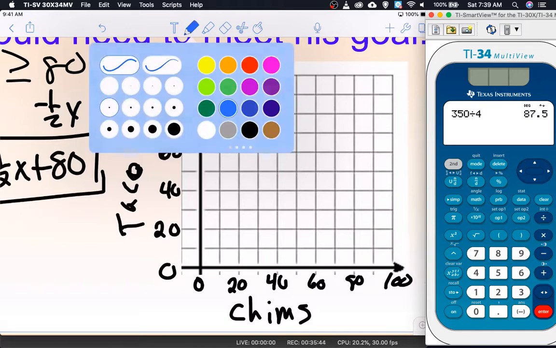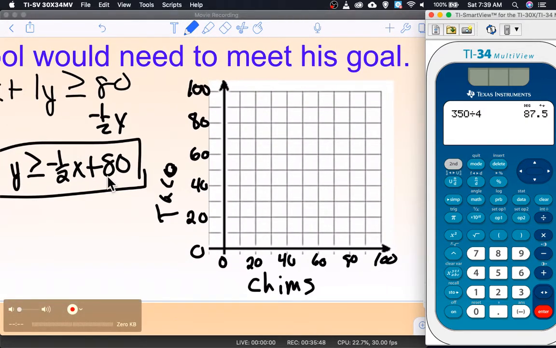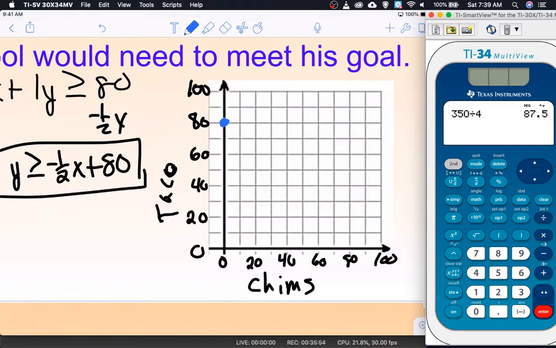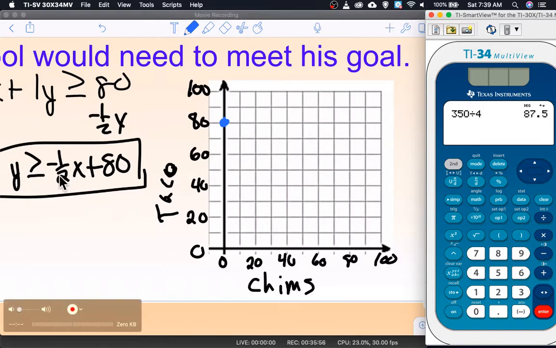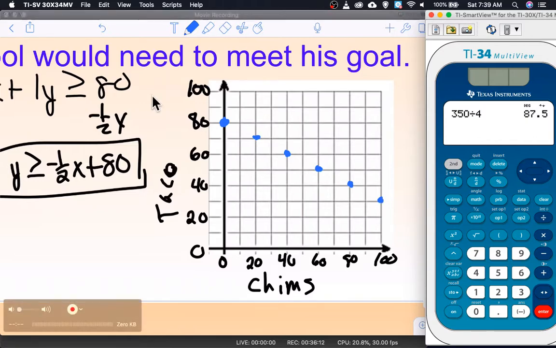Change color to make the graph a bit more visible. Now, my y-intercept here is 80. My slope is -1/2. That's down 1 over 2, down 1 over 2, and so on. And it's okay that our graph goes off.